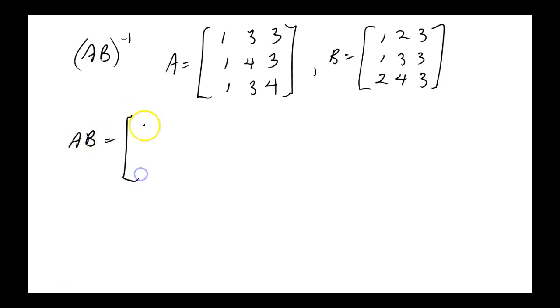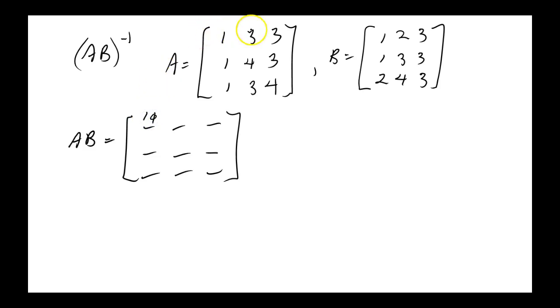Yep, it's going to be a 3 by 3 for sure. We know that. So where do you begin? First row, column 1. Okay, got it? 1 plus 3 is 4, plus 6 is 10.